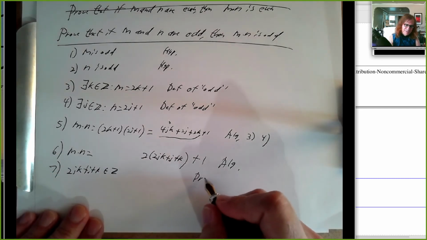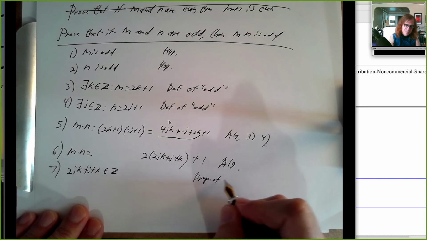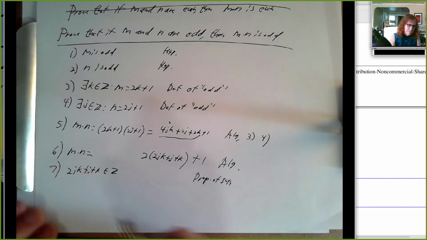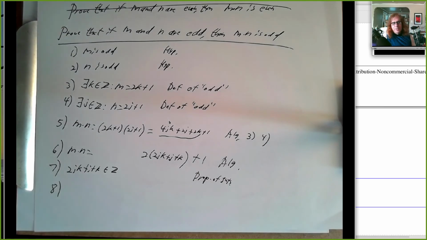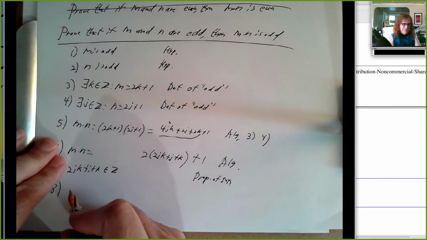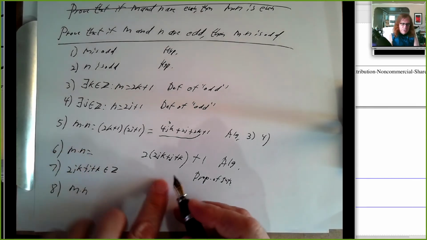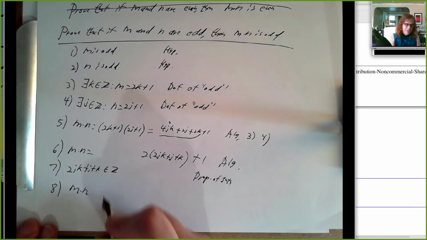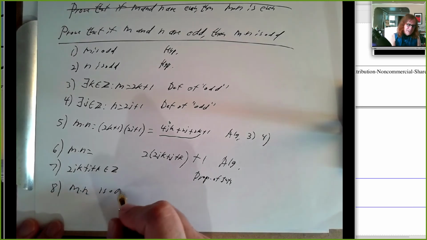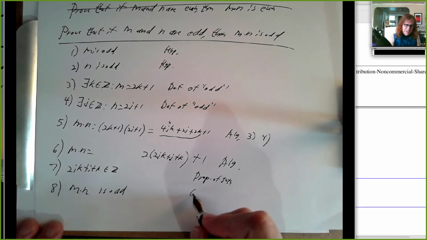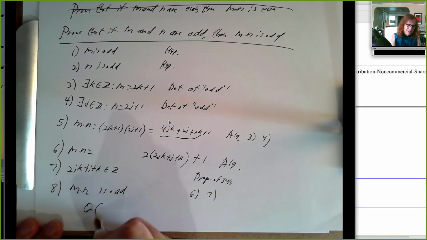That's properties of integers. And so I've shown that m times n is twice an integer plus 1. That means m times n is odd. That's just combining 6 with 7, and that's what we were asked to show.